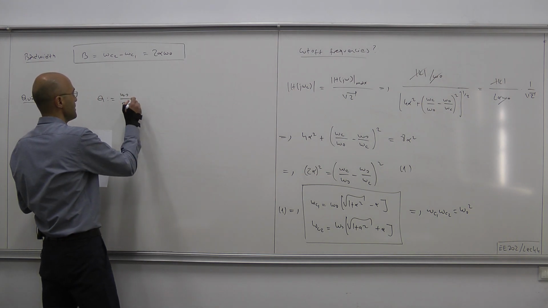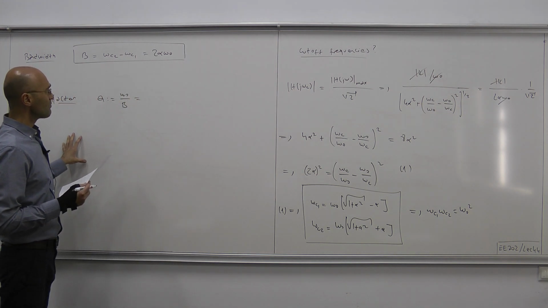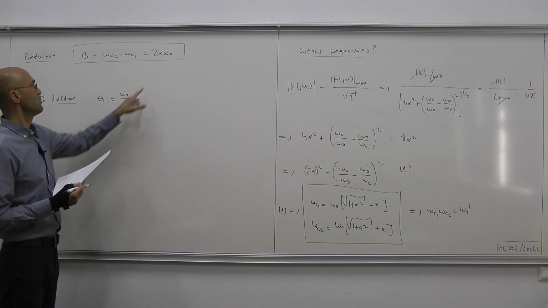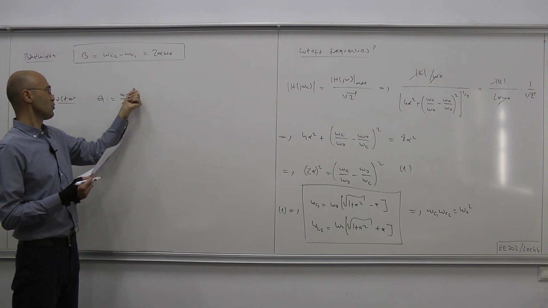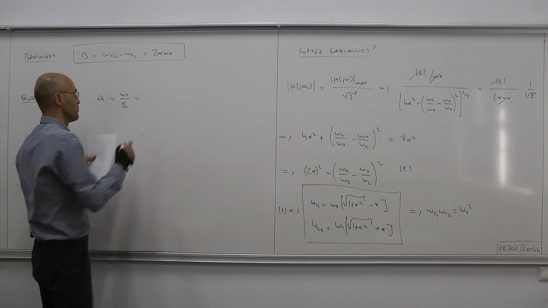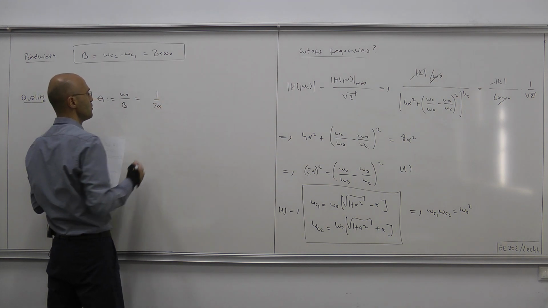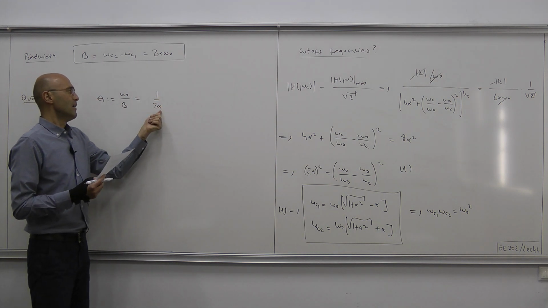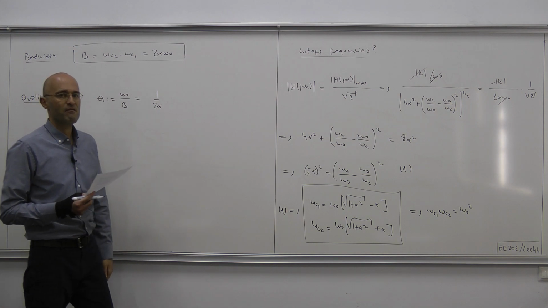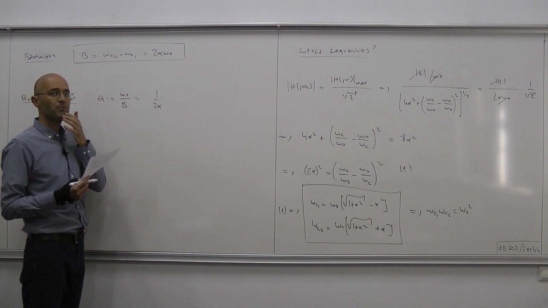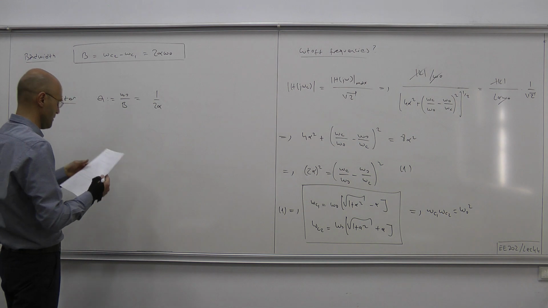In terms of our filter parameters, b was computed as 2 alpha omega 0. So omega 0 over 2 alpha omega 0 produces 1 over 2 alpha. That means the lower the damping factor, the higher the quality factor.